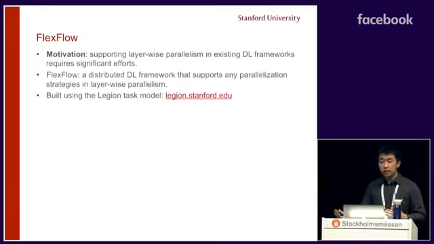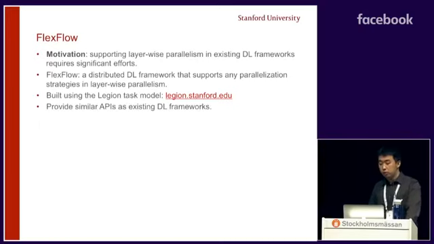So to make it easier to realize layer-wise parallelism in real-world systems, we built a distributed deep learning framework that can support any parallelization strategy in layer-wise parallelism. FlexFlow is built using the Legion task model, and we provide similar APIs as existing deep learning frameworks.